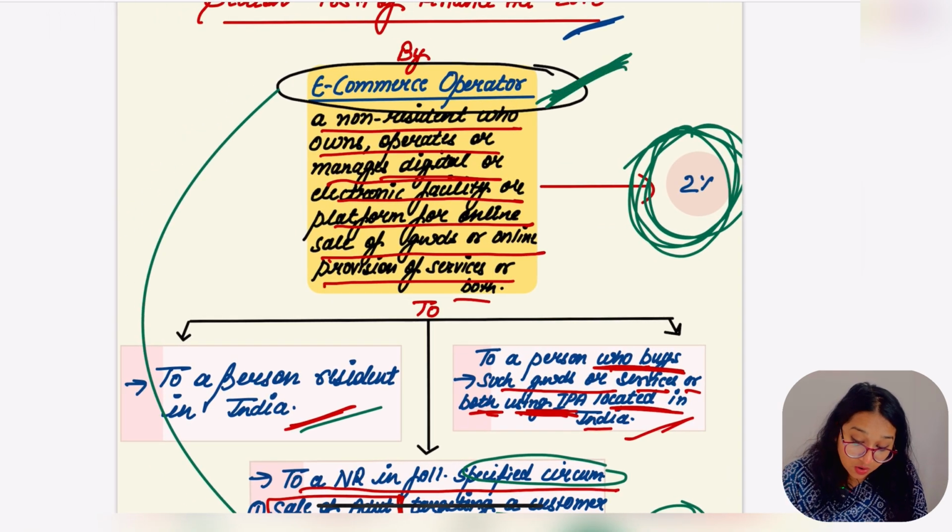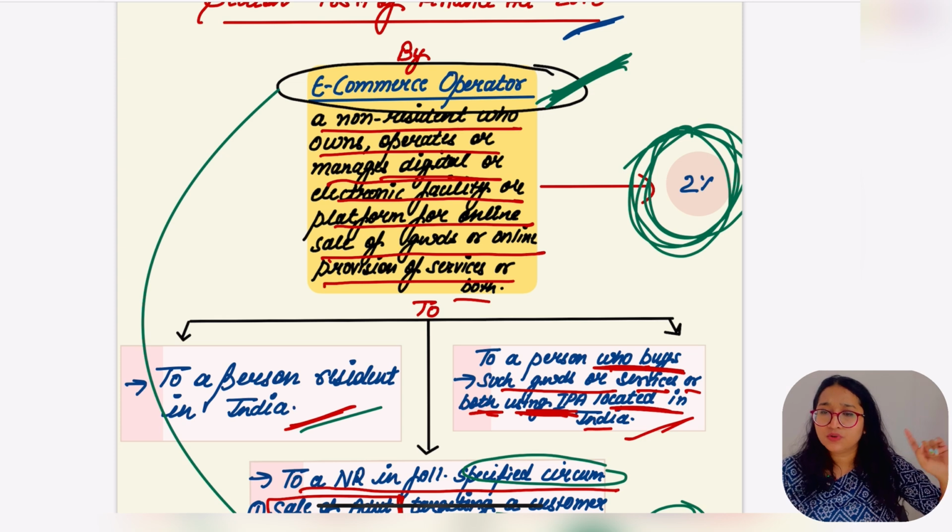Here the e-commerce operator is going to pay. Earlier, who was paying? The non-resident was not paying; the resident or the non-resident who has a PE in India. These two parties were paying the equalization levy at the rate of 6% if the consideration received by the non-resident exceeded 1 lakh in the previous year.